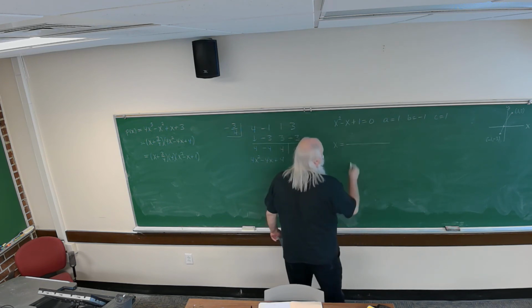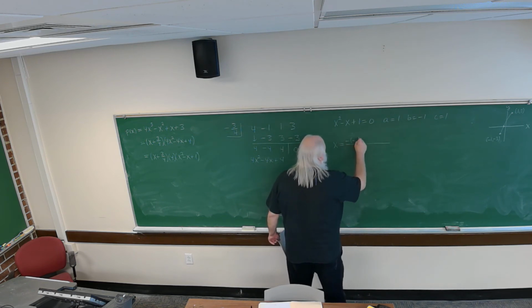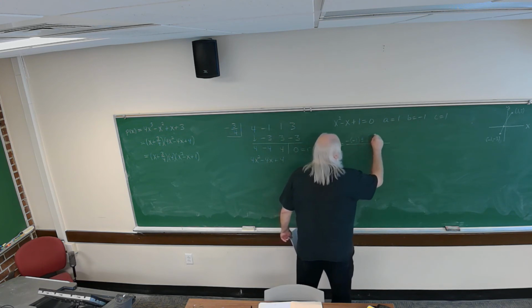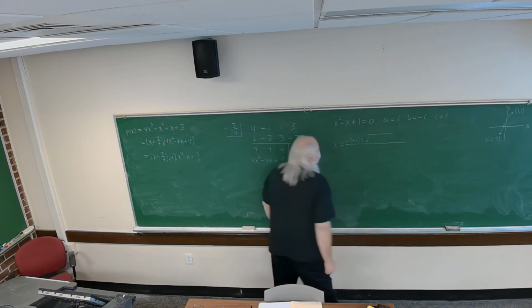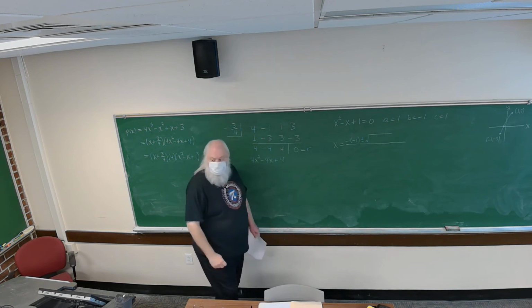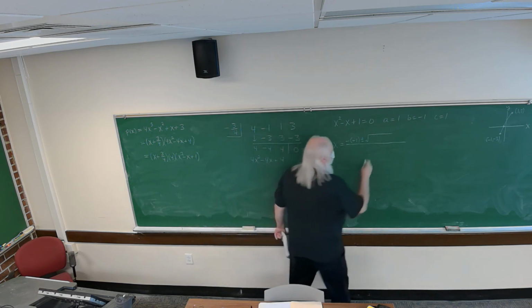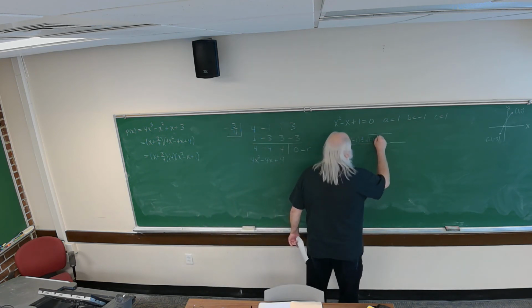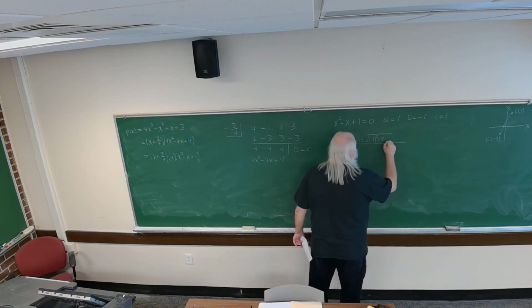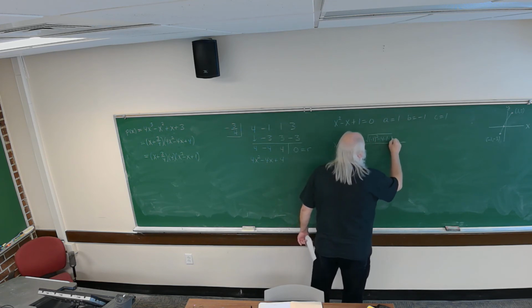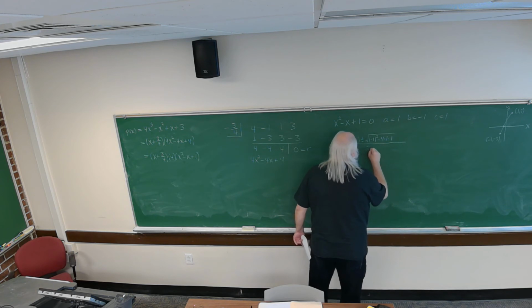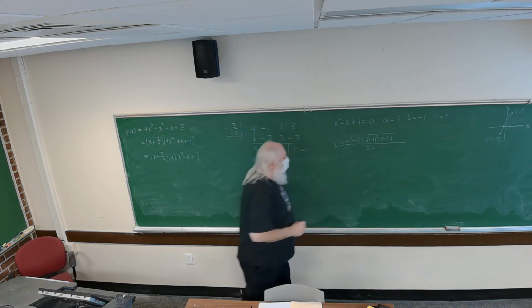X is equal to negative b, which is the negative of negative 1, plus or minus the square root of b squared, which is minus 1 squared, minus 4 times a, which is 1, times c, which is 1, over 2 times a, which is 1.